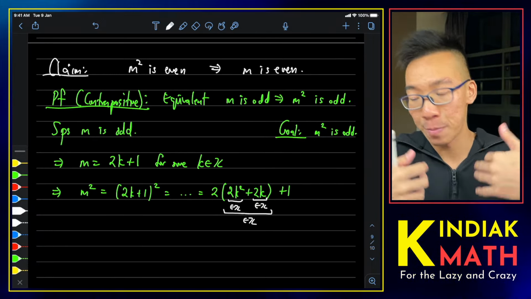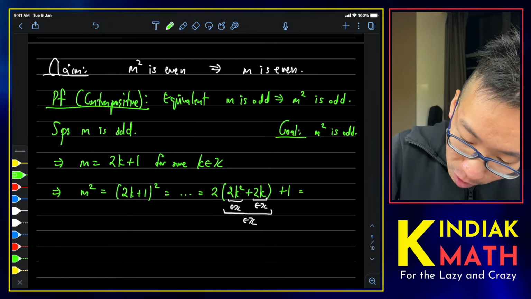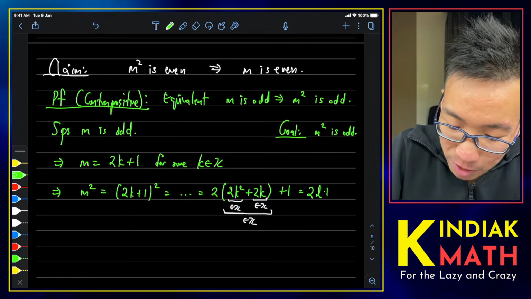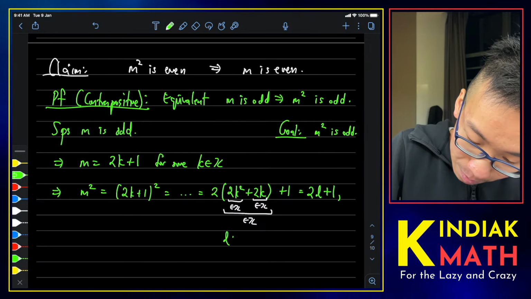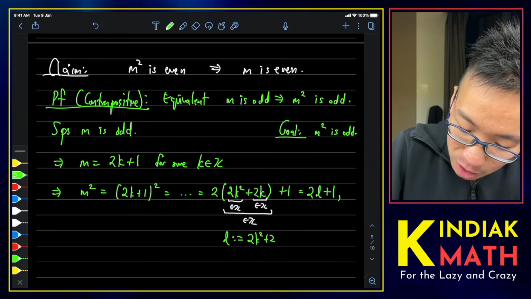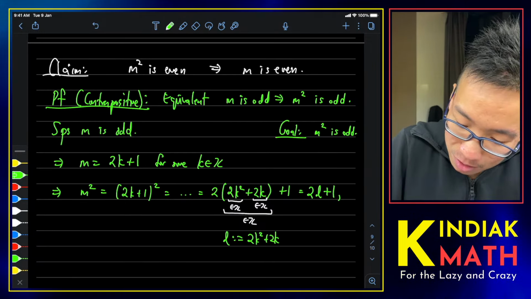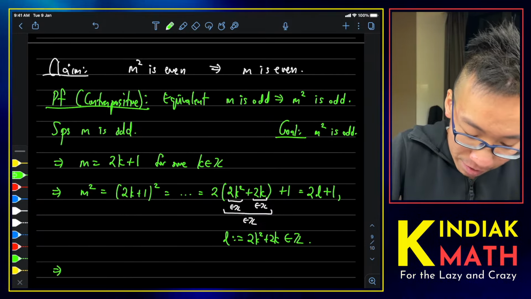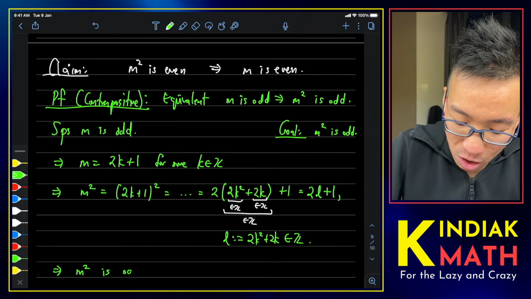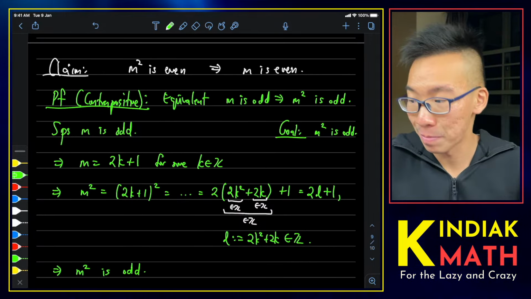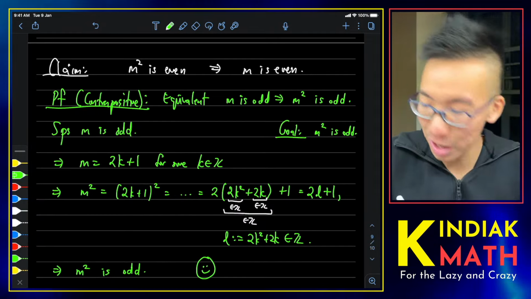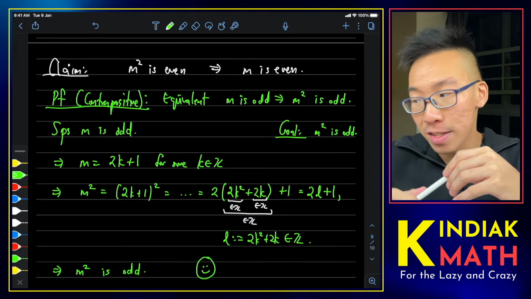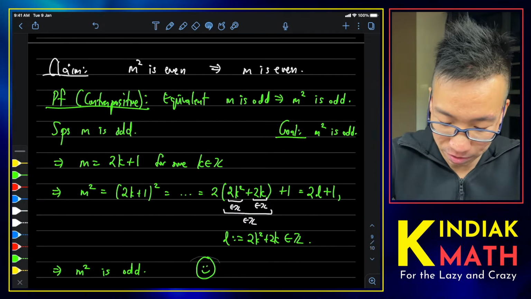So you have a number of the form 2L plus 1, where L, defined by 2k squared plus 2k, belongs to the integers. This tells us, by definition, that m squared is odd. And we're done. That's a proof by contrapositive.